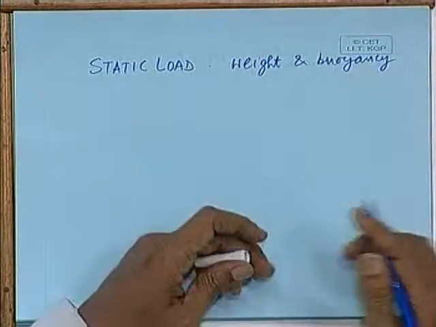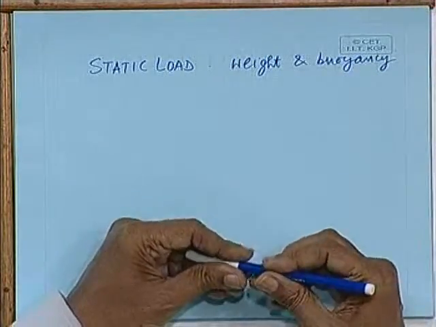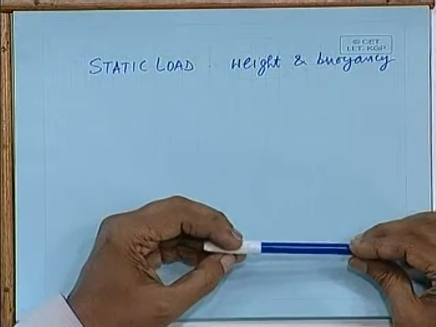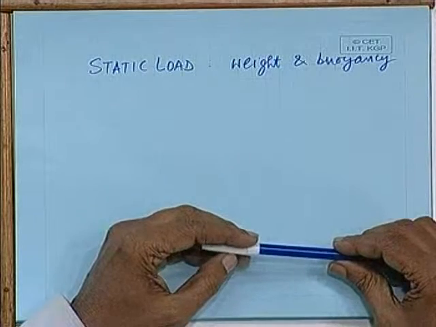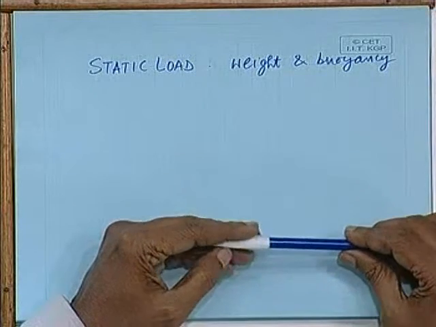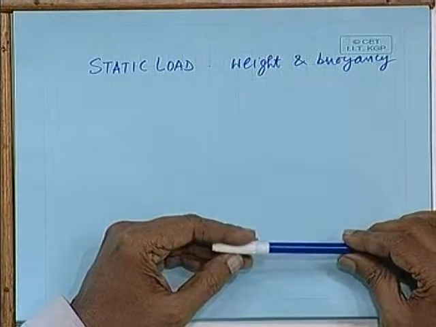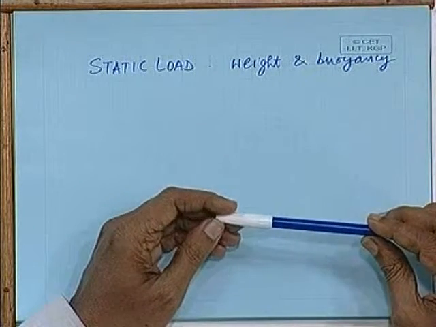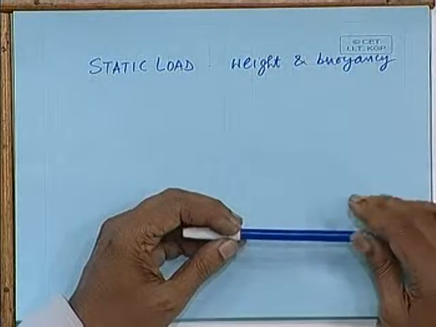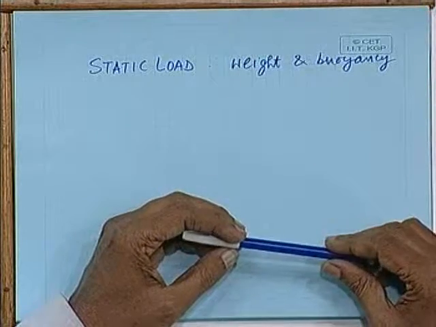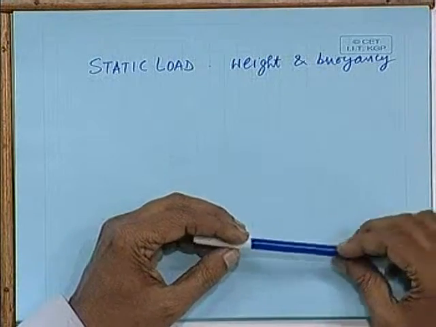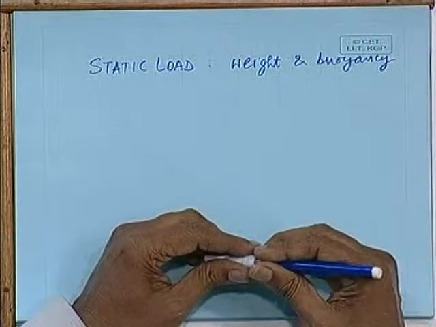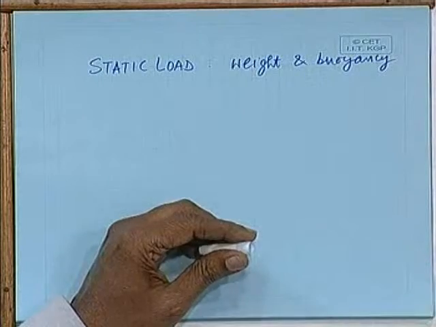Now, since we are aware of the ship geometry and also its structural distribution, we can calculate the weight and the buoyancy pretty accurately, and therefore, the shear force and bending moment experienced due to this loading can be calculated very accurately.